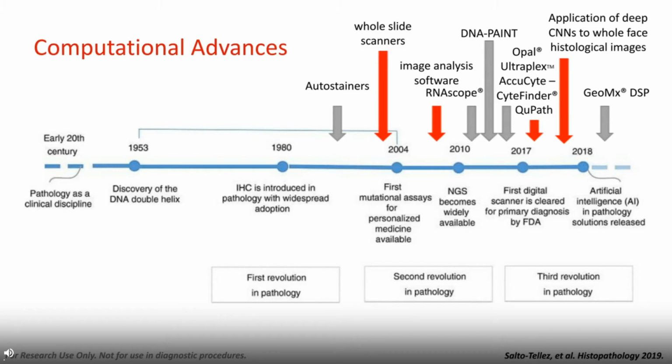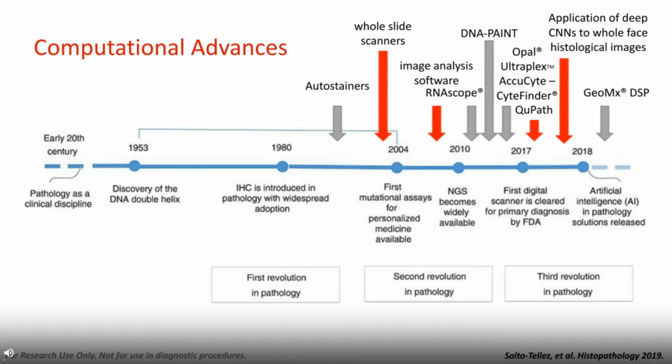And now we're seeing more and more in the literature the application of deep convolutional neural networks and more modern methods of AI being applied to these whole slide histological images to stratify patients. And we've been able to use these computational advances in our labs to our benefit to conduct research at scale.